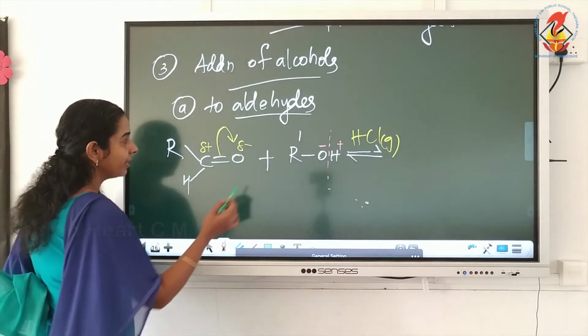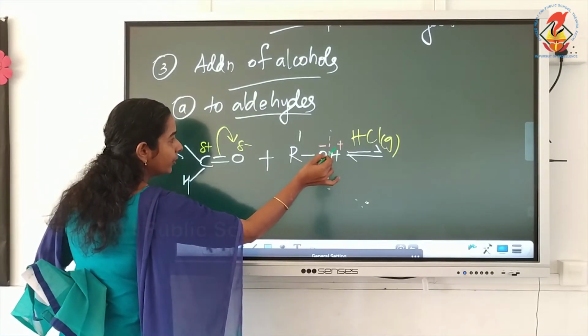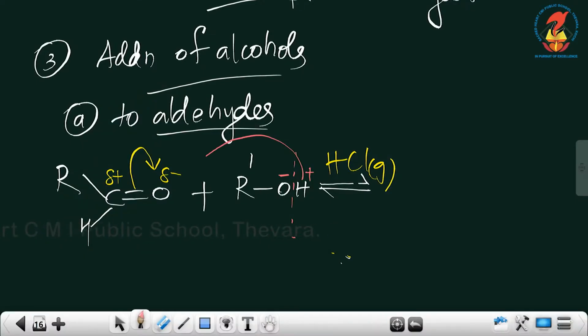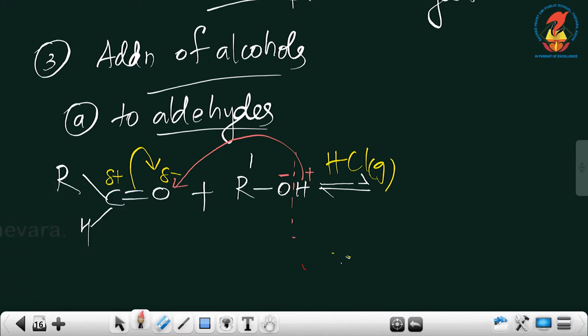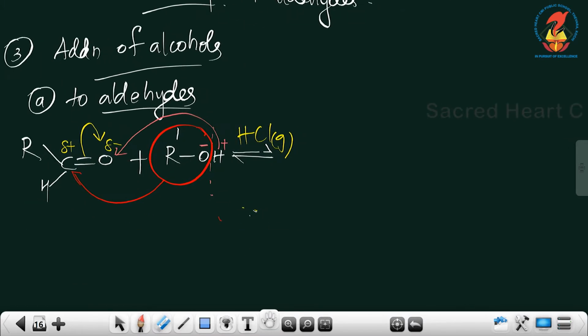Now, H plus will be moving towards the negative center, that is oxygen, and RO minus will be moving towards the carbonyl carbon. Clear? So, how can we write the first product?